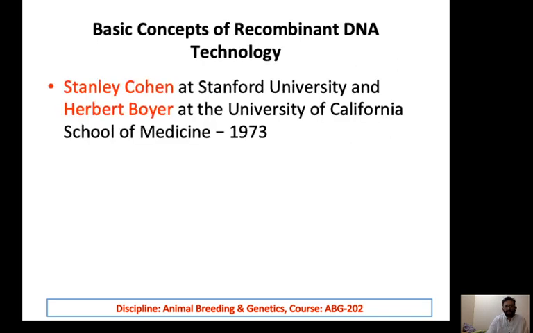Some of the basic concepts: Stanley Cohen, from Stanford University, and Herbert Boyer, from the University of California School of Medicine, in 1973 introduced recombinant DNA technology for the first time. Basically, they produced a chimera, which is a combination of two different phenotypes.